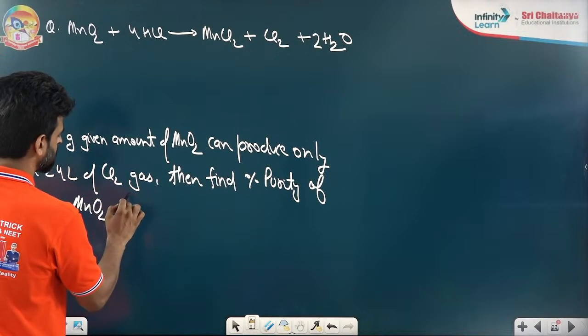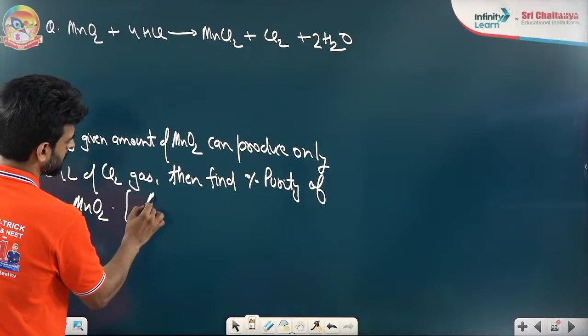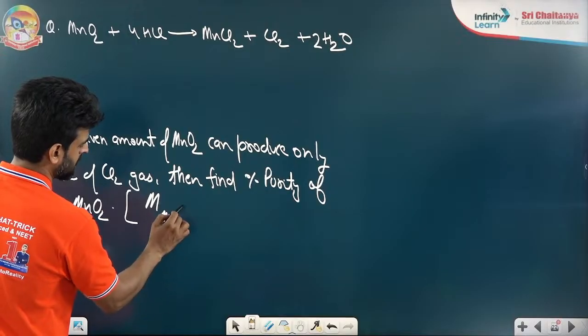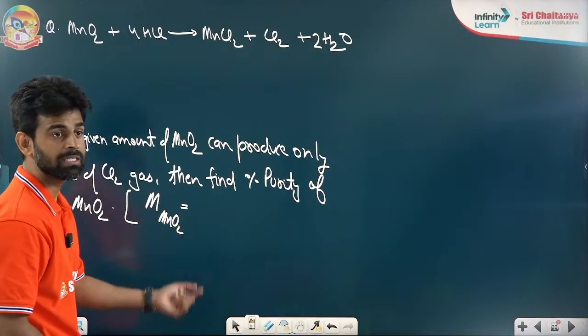For your help, for the molar mass of MnO2, Mn is 55, O2 means 32.